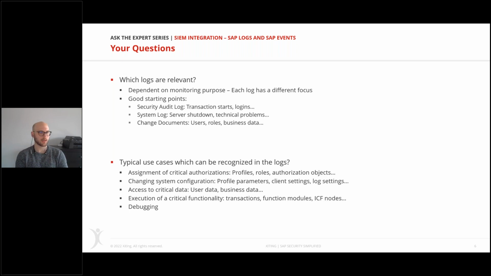Then the next type of question was, what are the typical use cases or alarms which can be recognized in the logs? So what is critical in there? What we often do in projects and what we often search for is, first and foremost, as authorization experts, the assignment of critical authorizations.